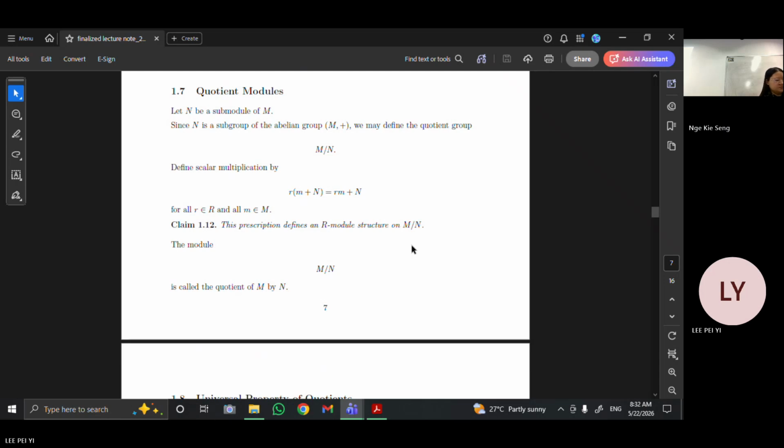So the quotient module collapses the entire submodule N to 0, and we can also claim that this defines an R module structure on M mod N.